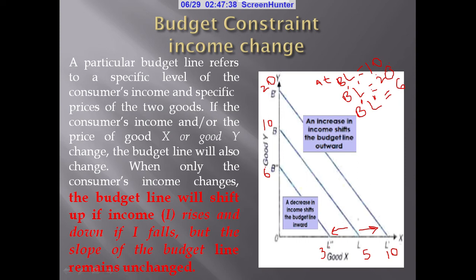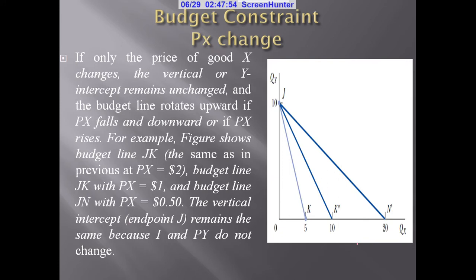A budget line shifts parallel to the right or left with the change in income, keeping prices constant. Here we are assuming the prices of the two commodities remain unchanged. Therefore, the slope remains unchanged. But if the prices of the two commodities change, say only the price of good X changes, this figure shows a change in the price of X. The vertical axis or y-intercept remains unchanged.